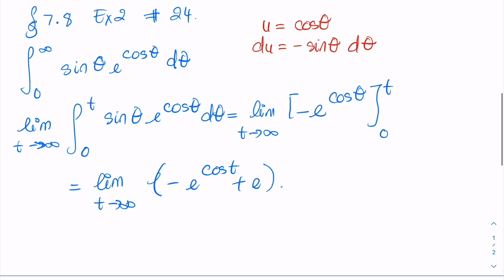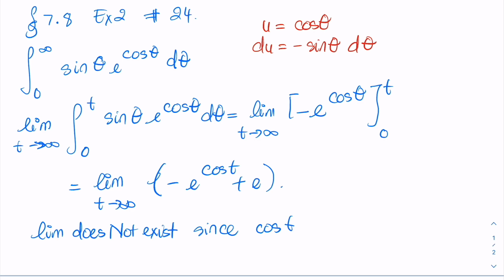So you can see that the limit does not exist, since cosine of t is just going to oscillate in values between negative 1 and 1.